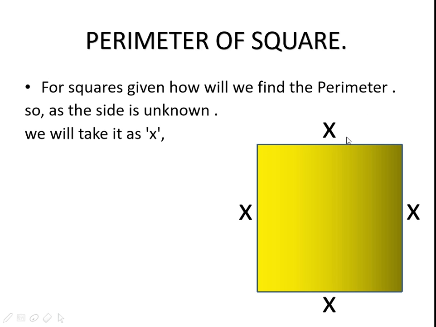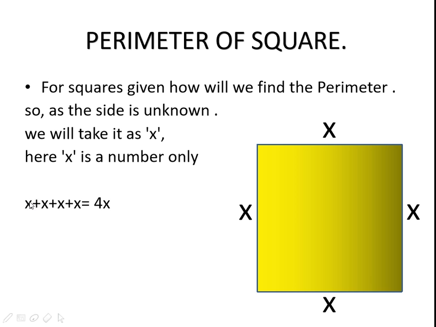Like we said, if one side is 25, then each side of the square is 25. Now it's very simple. Numbers are added, and we'll add it over here. Here x is a number only. So x one time, x second time, x third time, x four times.